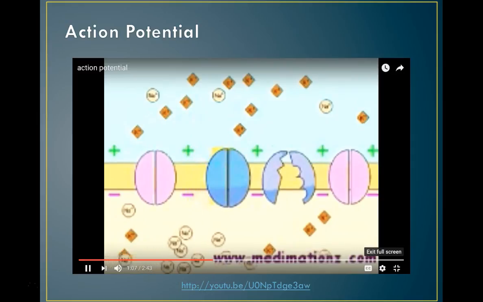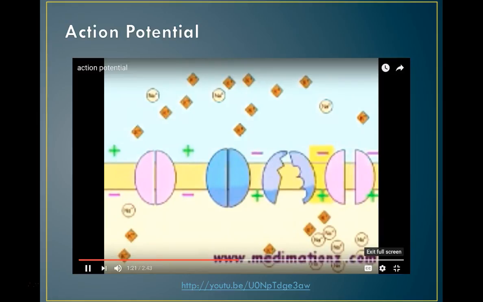Meanwhile, the sodium ions inside the cell have diffused to adjacent areas, causing a slight change in the polarity of the membrane ahead of the action potential. This change in polarity causes the voltage-gated sodium channels along this part of the membrane to open. Again, sodium ions rush in and the action potential spreads to the adjacent part of the neuron.